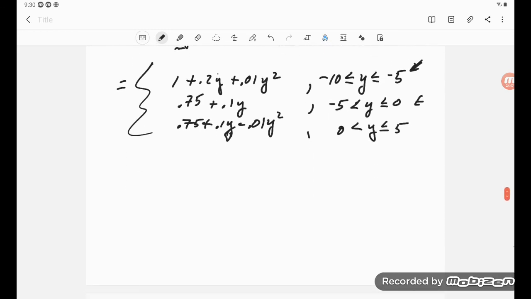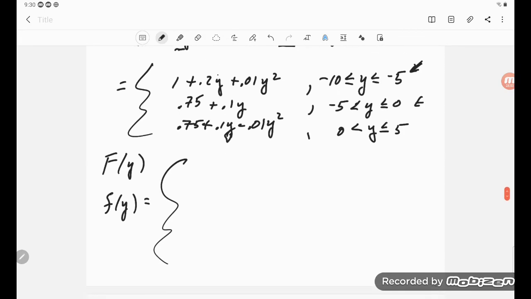And now, okay, remember this was F of y, and so I want little f of y, the PDF. And so I need to take a derivative, and I get up here 0.2 plus 0.02y, and that is from -10 less than or equal to y less than or equal to -5.